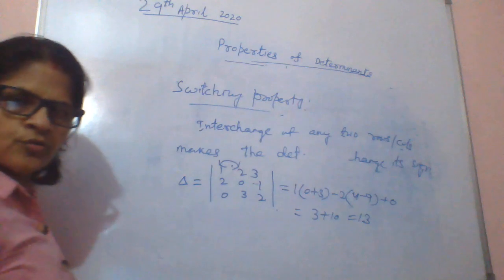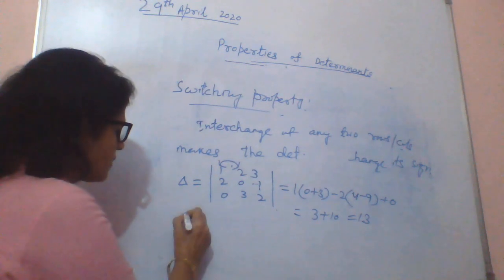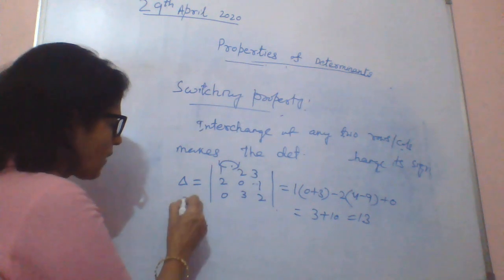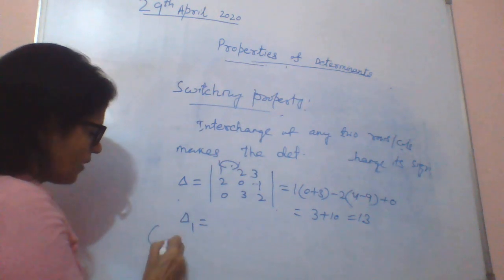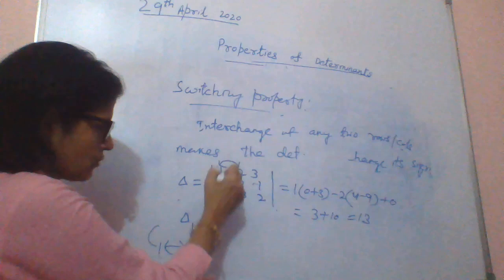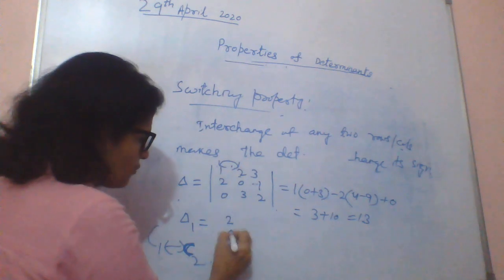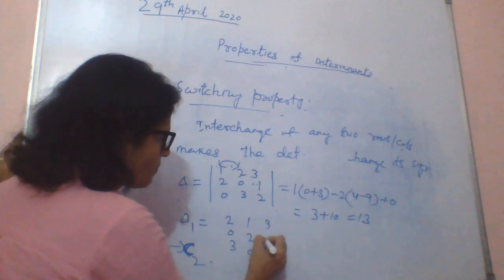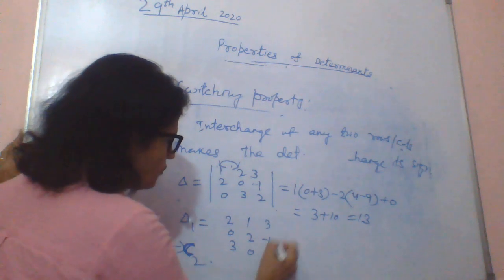So let me interchange the first two columns. It means if delta 1 is the determinant, by taking C1 and C2 interchanged, switching over, right? C1 will be C2, C2 will be C1. 2, 0, 3, 1, 2, 0, 3, minus 1, 2.